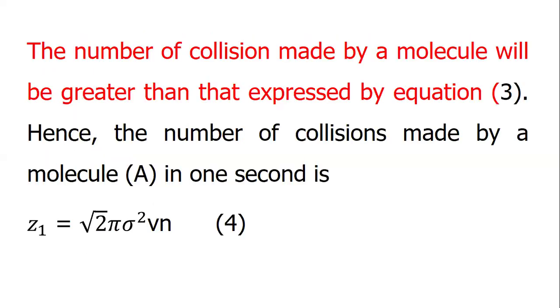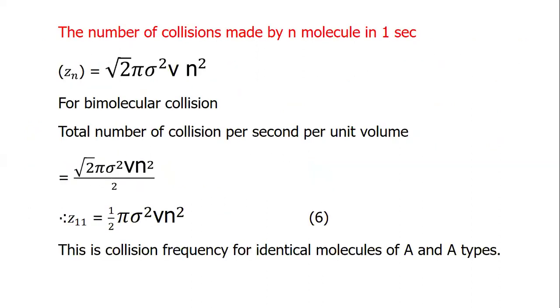The number of collisions made by a molecule will be greater than that expressed by equation 3, and the number of collisions made by molecule A in 1 second is Z1 equals root 2 pi sigma squared v1 n. The number of collisions made by n molecules in 1 second is root 2 pi sigma squared v n squared.